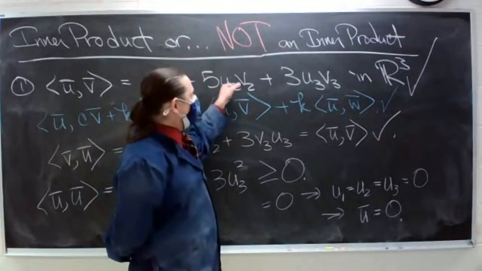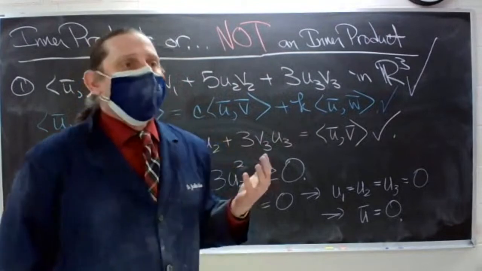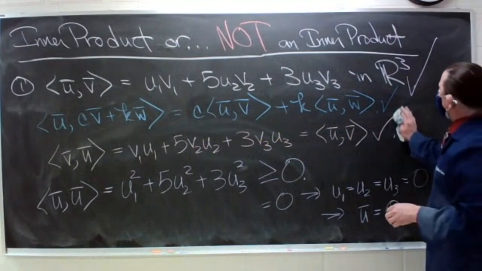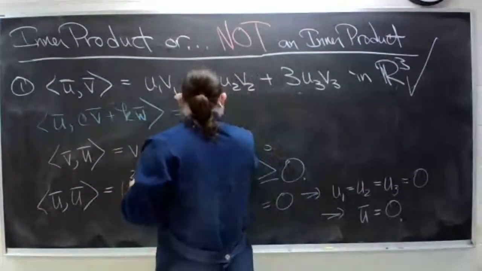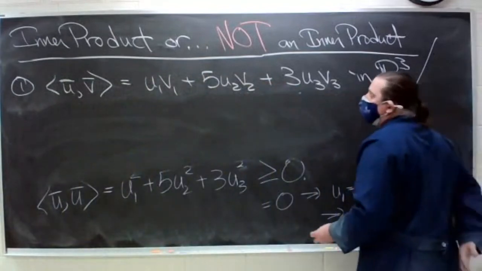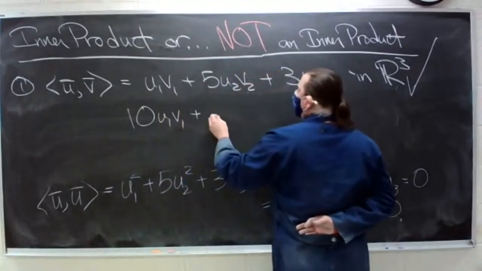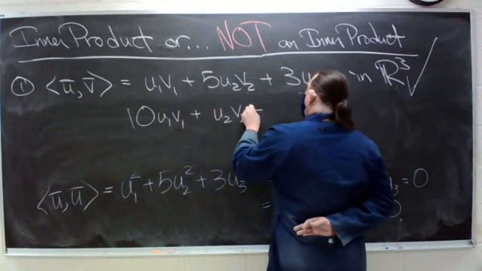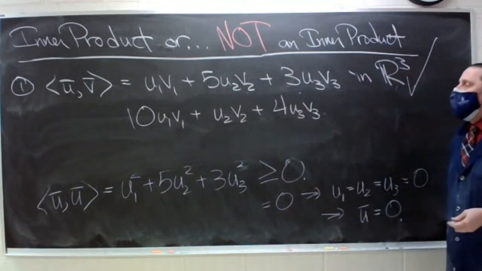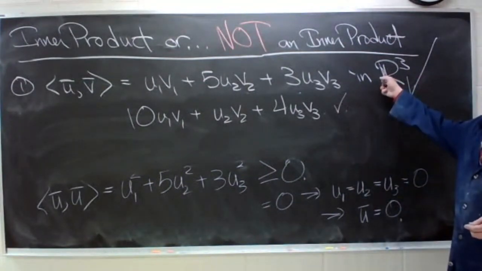Clearly, we could have changed this 5 and that 3 to be certain other numbers. All right, so this would indicate that the candidate inner product that one also would work in R3.